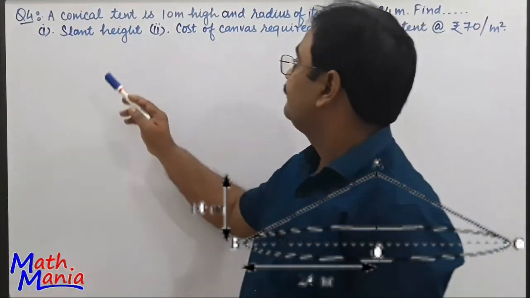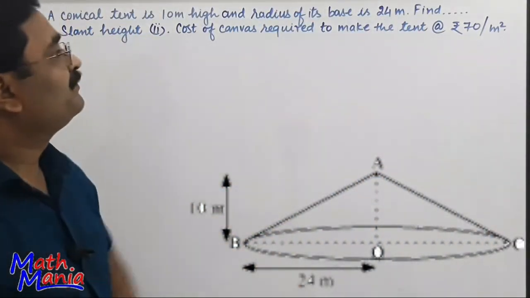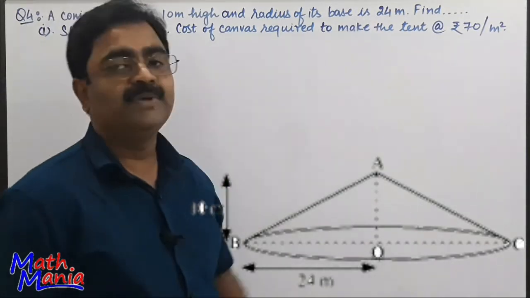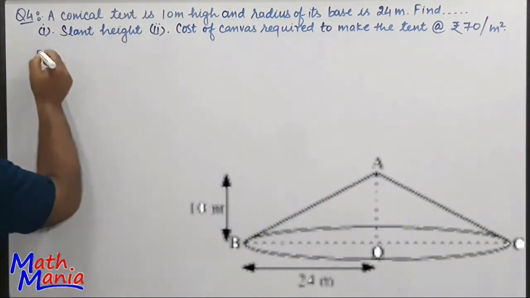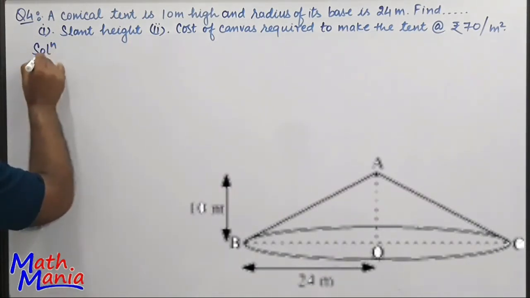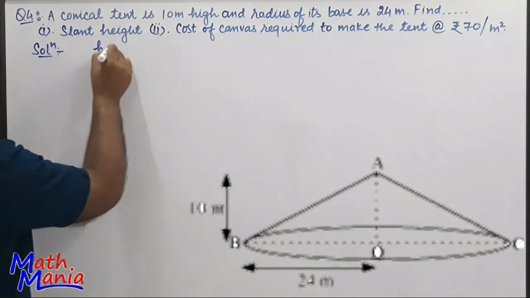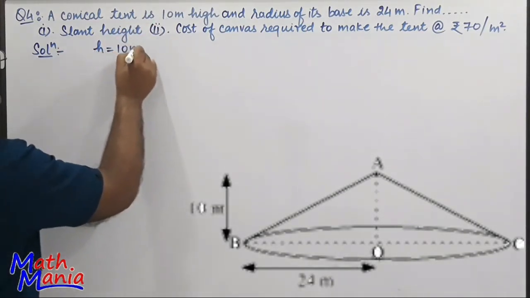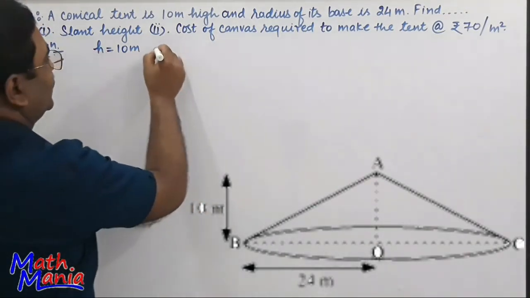In this it is given a conical tent is 10 meter high and radius of its base is 24 meter. So the information which is given, that we have to write down. What is given? It is 10 meter high and radius of its base is 24 meter.